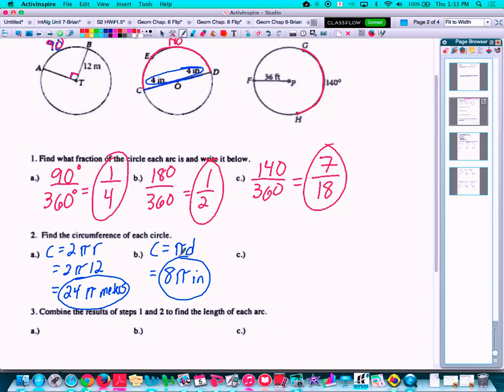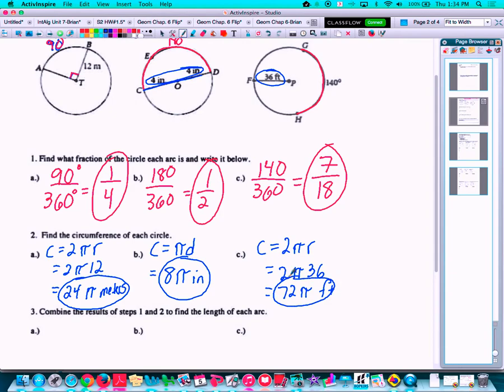And then in part C here, since we have the radius of 36 feet, let's go back to our radius version of the circumference formula, 2 times pi times radius. So that would be 2 times pi times 36, which is 72 pi, and in this case, feet.